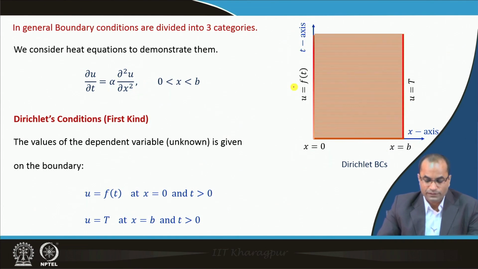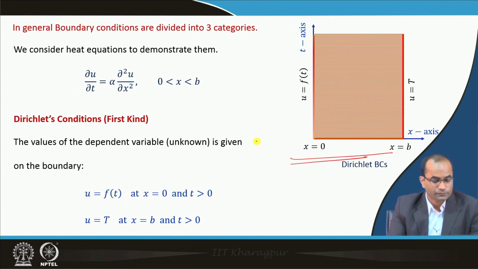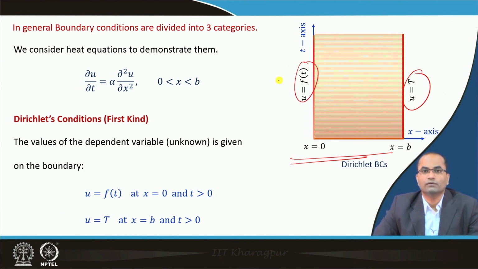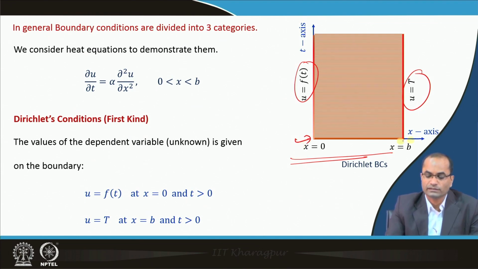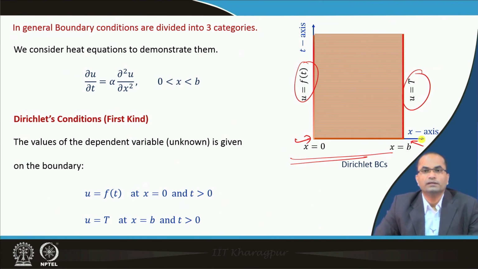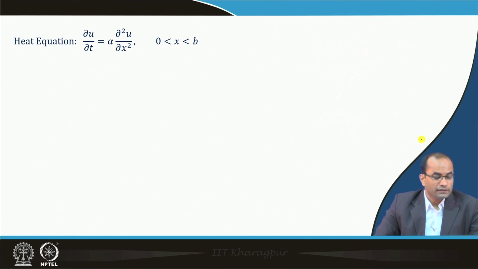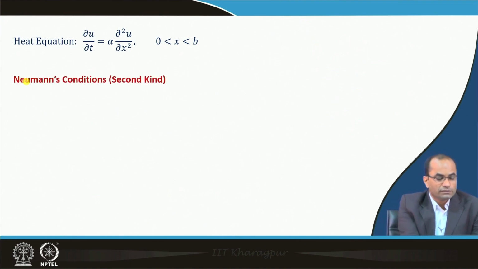So, this is the situation we have for Dirichlet boundary conditions, that the direct value of the dependent variable, the unknown, is prescribed at both the ends, at x equal to 0 and also at x equal to b throughout the time.